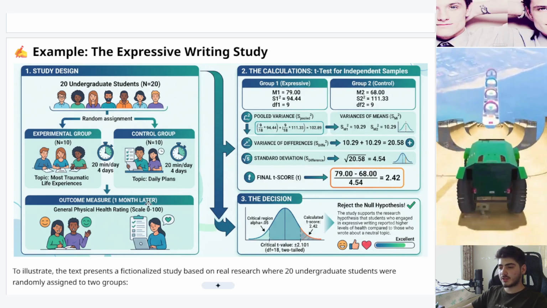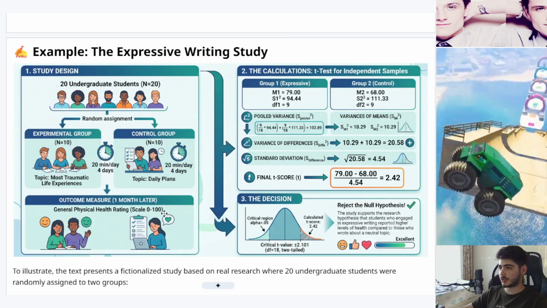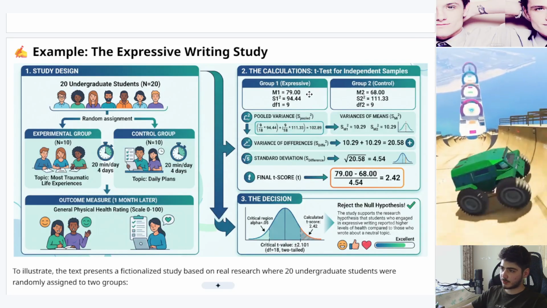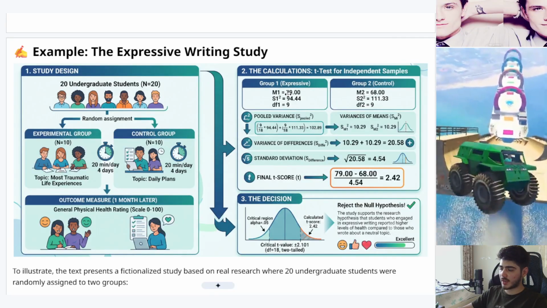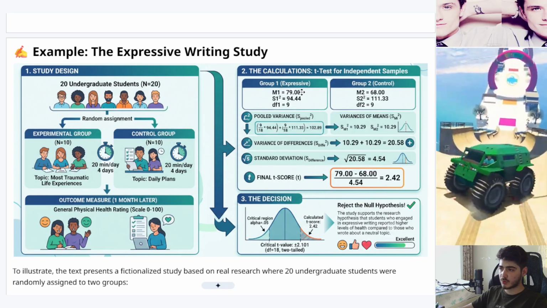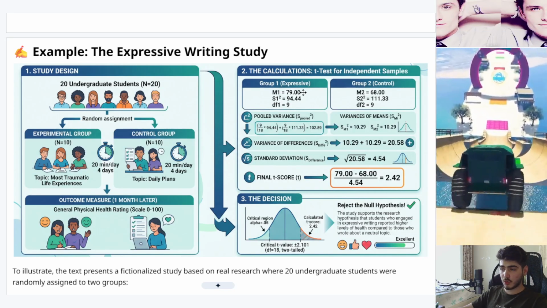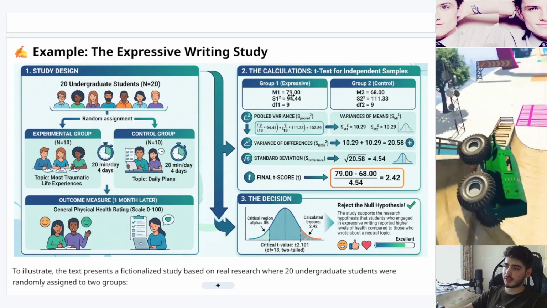The outcome is then measured on a scale of 0 to 100. We can see that in the first group M1 amounted to 79. So the mean score that this group has yielded is 79.